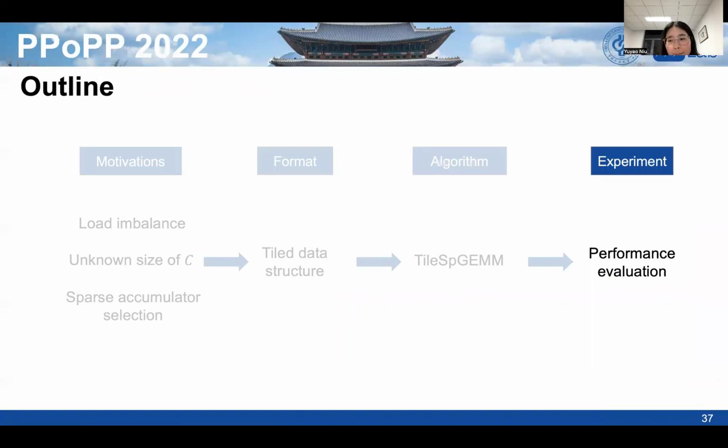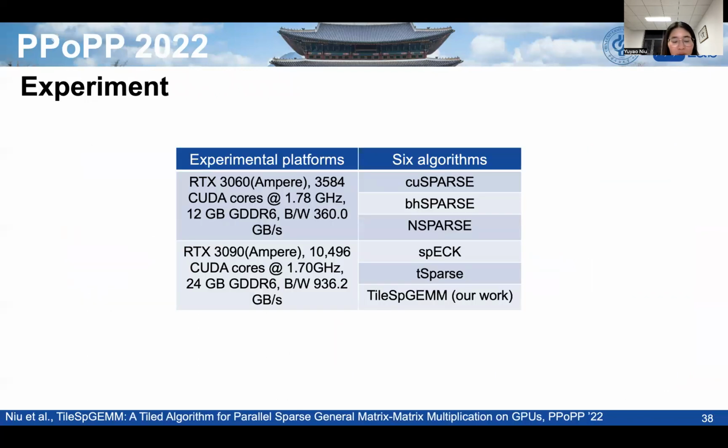We evaluate our algorithms on the NVIDIA RTX 3060 and 3090 GPUs of Ampere architecture, and compare our algorithms with TileSpGEMM, PPoPP, N-Sparse, SPEC, and T-Sparse.